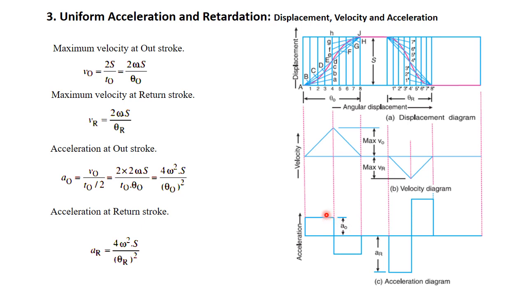But the value of this acceleration and deceleration remains constant. So this is the case where the acceleration or retardation of the follower takes place with uniform value. So the value of the acceleration and retardation for outstroke remains constant.